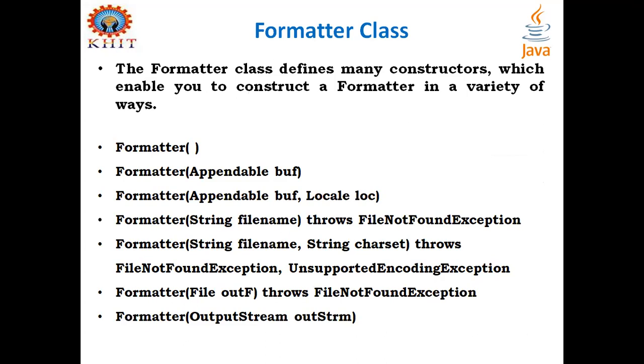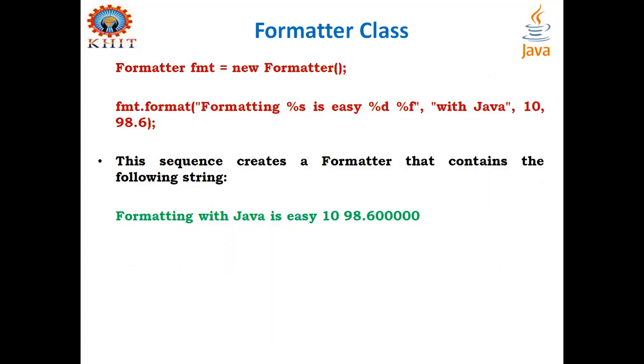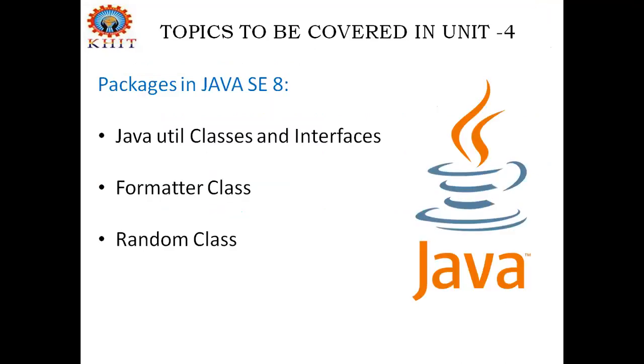You can define different ones based on these Formatter constructors. And these are some set of methods defined in this Formatter class. It is an example of how to set your formatting output using this Formatter class and the methods defined in it.